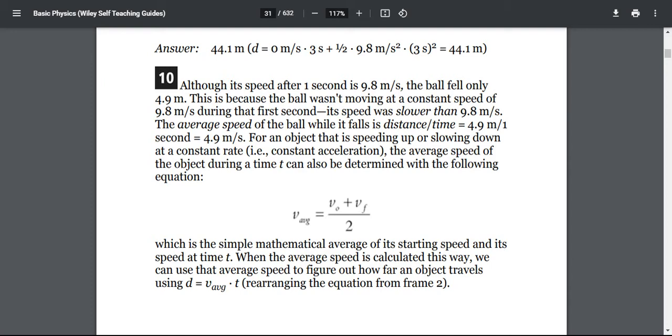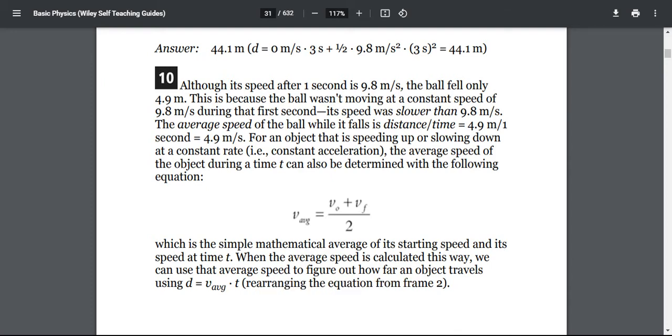When the average speed is calculated, we can use that average speed to figure out how far an object travels, using d equal to v average into t. In other words, we can find that object's distance using a shorter equation, d equal to v average into t.